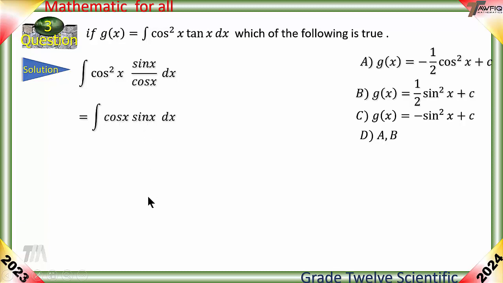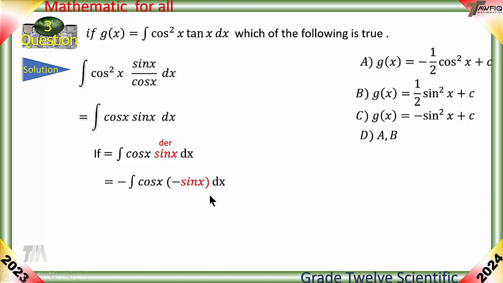Here, we can solve this example in two ways. The first one, if we take the function to be cosine and the derivative is sine. As you know, the derivative of cosine is minus sine. So we need minus sine, and a minus outside the integration. So it becomes minus integration of cosine times minus sine x dx.